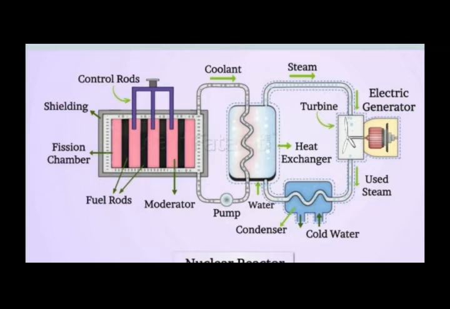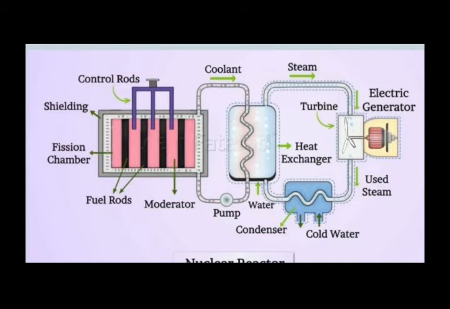Whatever heat energy is generated is carried out by the coolant. The heat energy which comes outside converts water into steam at high pressure. The steam rotates the turbine which is connected with the electrical generator. From there you get electrical energy outside.